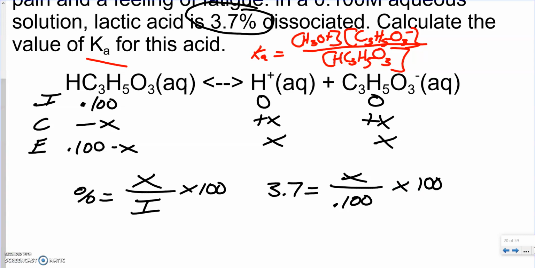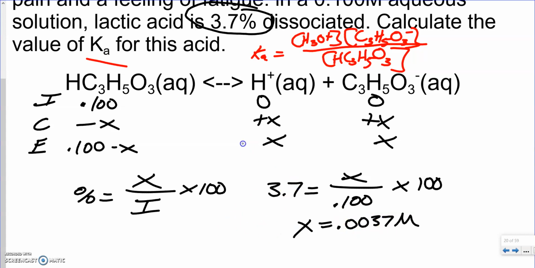So let's work through this, or you take a second and solve for X. Okay, so when I solve this out, I get an X value equal to 0.0037 molar, which should make sense, because if I take 0.0037 over 0.100, I get 0.037, times 100 gives me 3.7%. Regardless, always go back and double check your math, and make sure it logically makes sense.